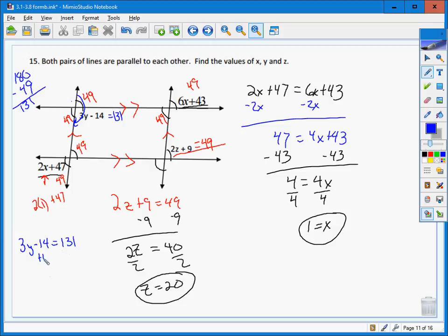Adding 14 to both sides, 3y would be equal to 145. And when I divide both sides by 3, I'm going to get y is equal to 48 1/3, or 145 over 3. You could have left it that way as well. Either would be okay.